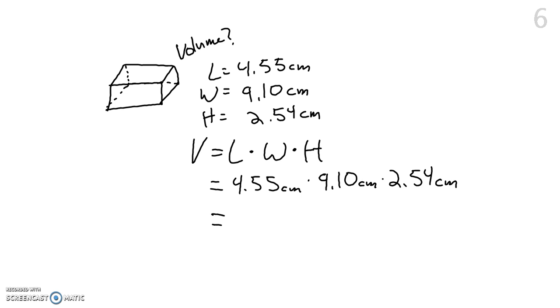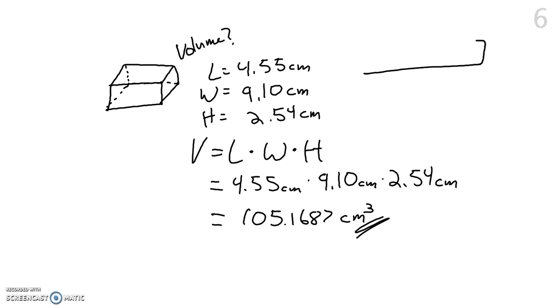Awesome. Put that onto a calculator and I get 105.1687 centimeters cubed. Done, right? There's a good number. That's pretty accurate for what I got. But when I look back at the ruler I used to measure something, if I was measuring 2.5, and here's a 2, here's a 3, here's 2.54, my ruler only measured this much.